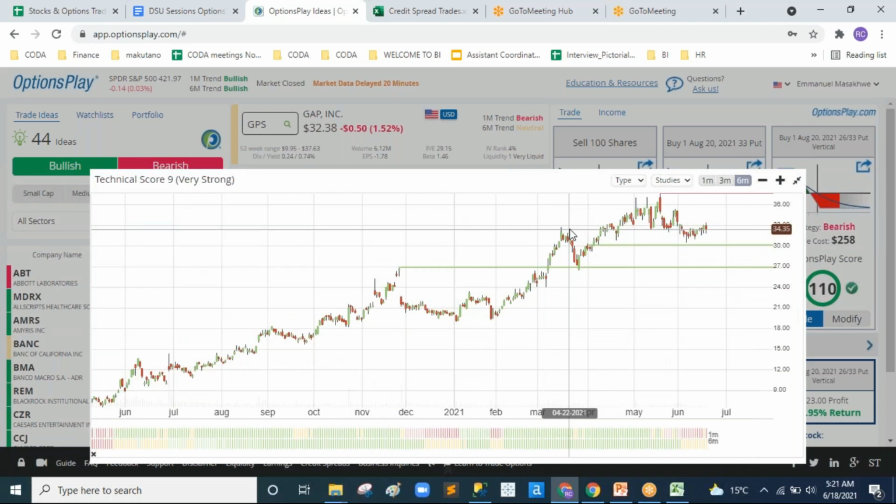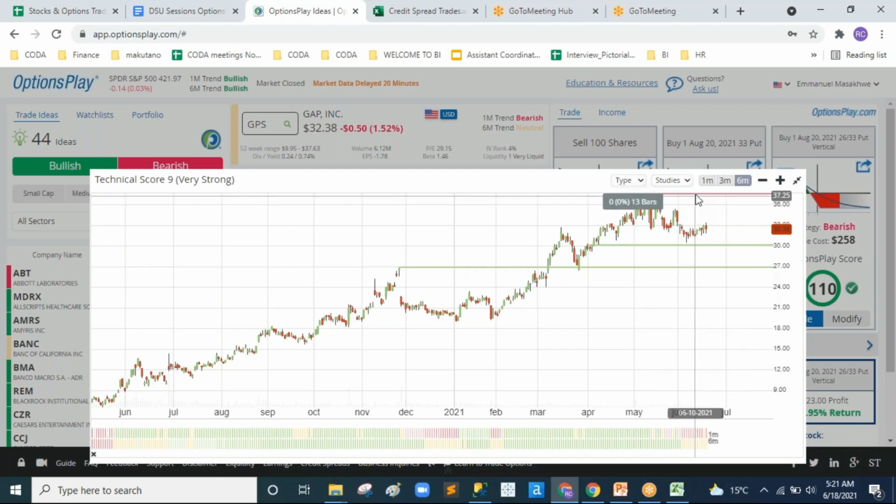Then on the upper side, the main entrance will be at level 35, between 35 and 37. It may also get stuck there.